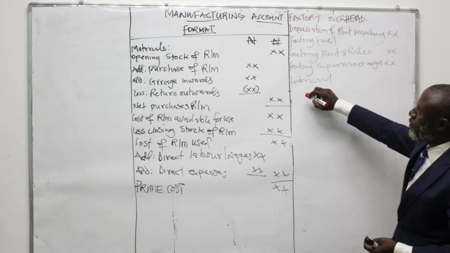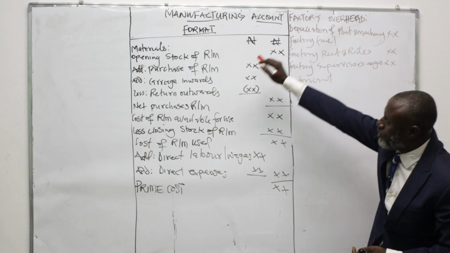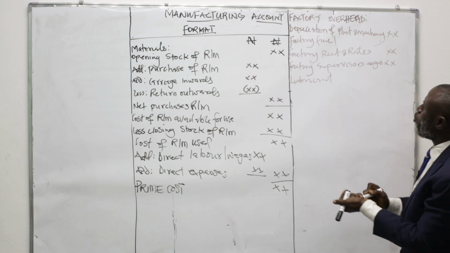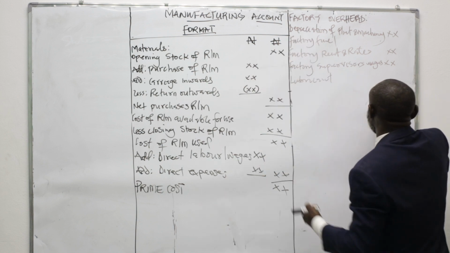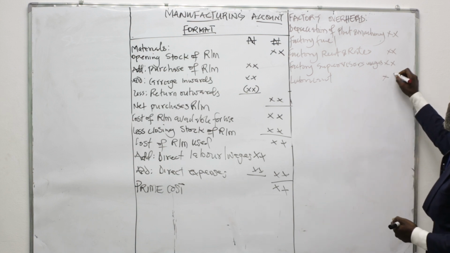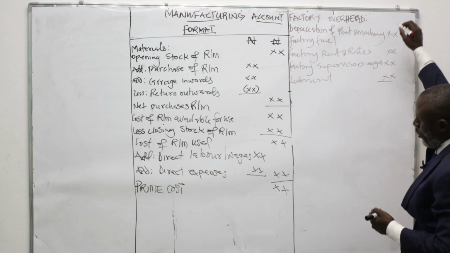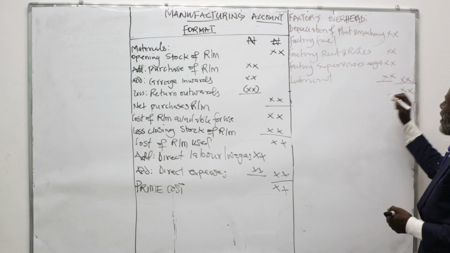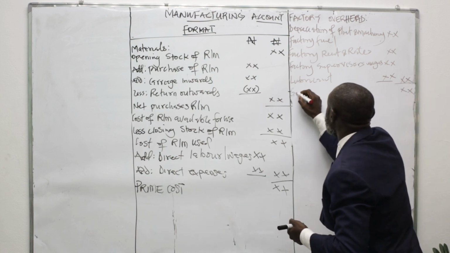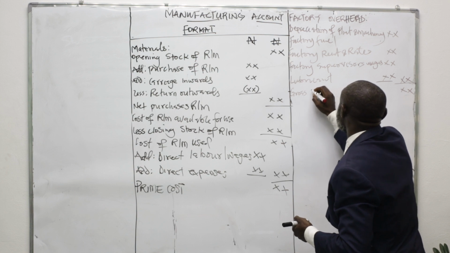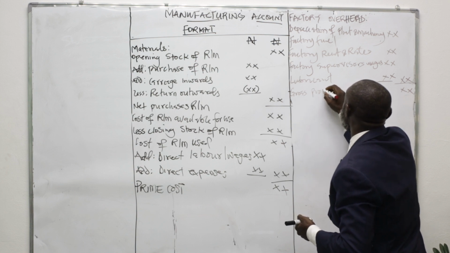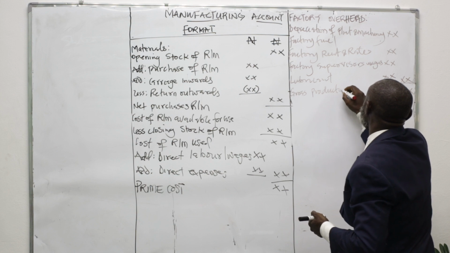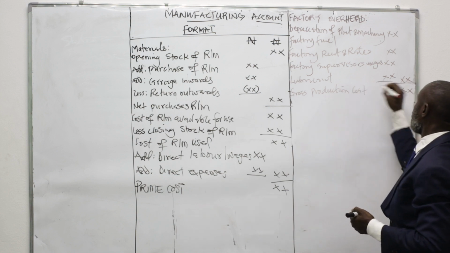When you have the concept of WIP in a manufacturing account setting, if you take all of this put together and add it to your prime cost, you have a value called gross production cost.